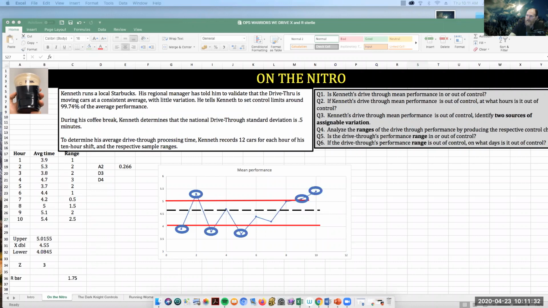And then Gary just orders something really simple, like a black coffee that takes him 2 seconds to fill. So we're going to have some normal variation here. But Teresa, what might be causing this? Because this is assignable variation and this is not normal. So what might be causing that?